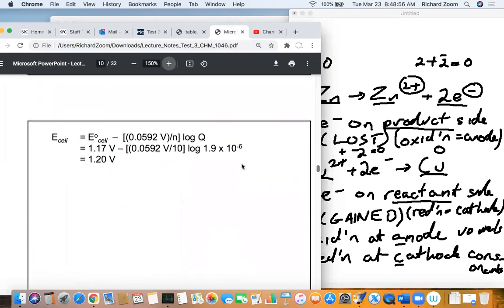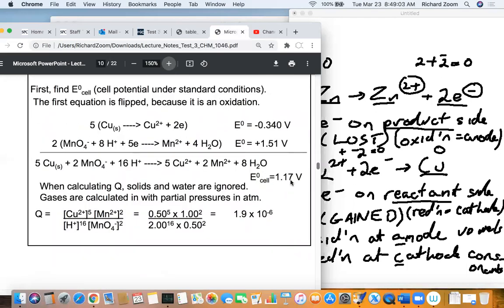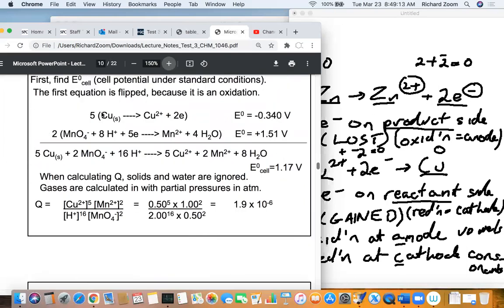So we got the Q value here, which we just calculate by plugging into the calculator, and then we plug that into the Nernst equation here. We got the E0 cell value, which is the 1.17 volts for the standard cell. We've got 0.0592 volts, which is a constant, over n, and the n is 10. If you remember, that's from the 5 times 2, whatever we needed to do to get those electrons equal. 5 times 2 is 10, 2 times 5 is 10.